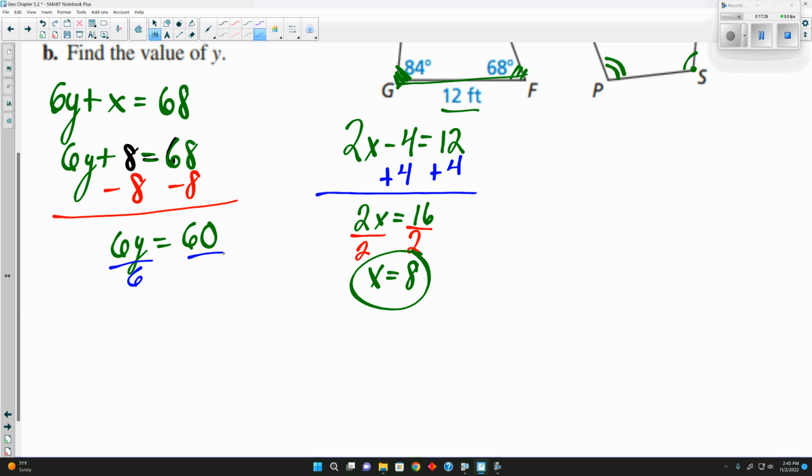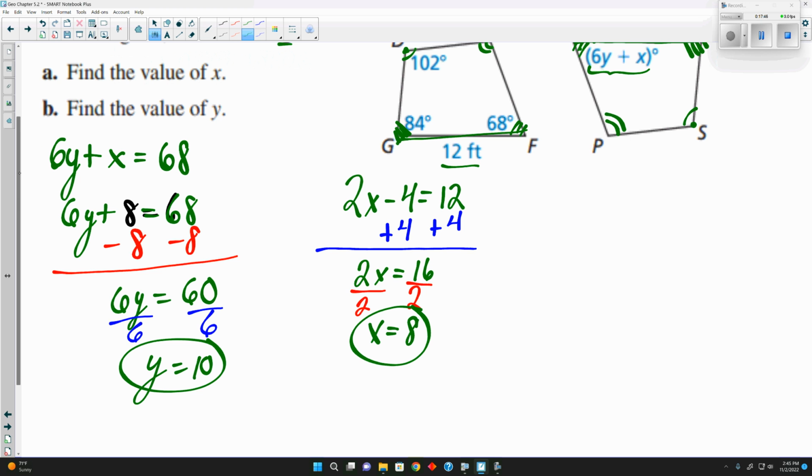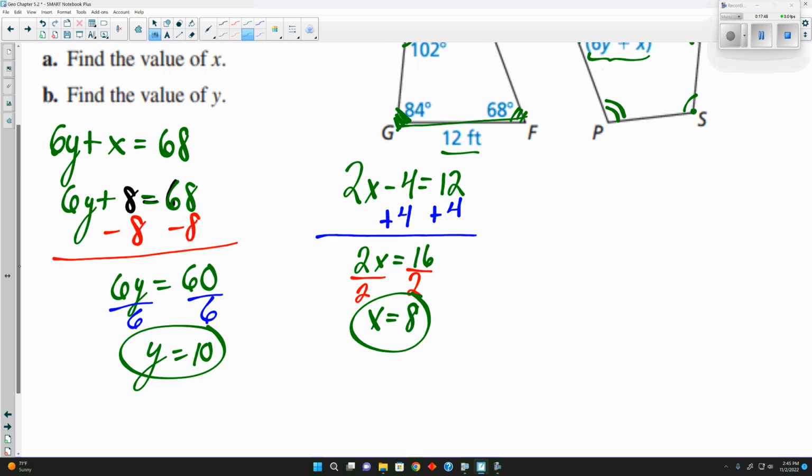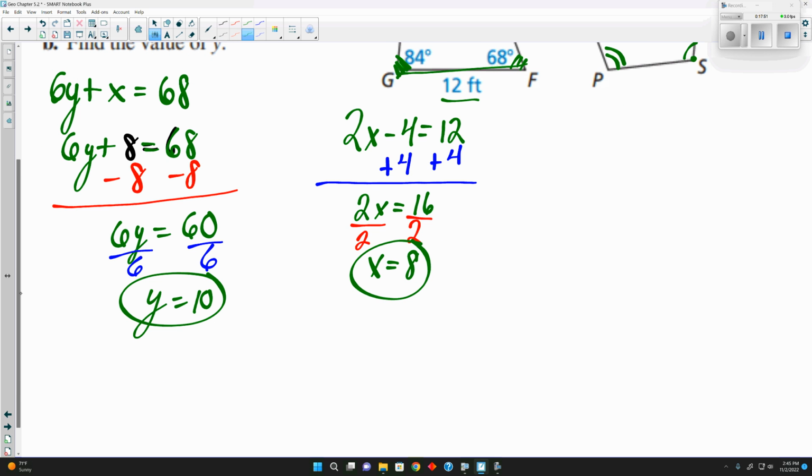Divide both sides by 6, telling us y. And that's it. Questions on this here? So part A was find the value of x. We did. It's 8. Part B is find the value of y. We did. It's 10. We're done with this one. Questions on this here?